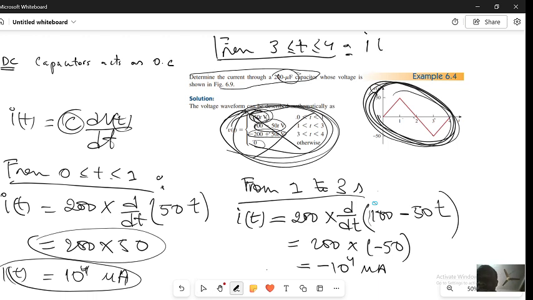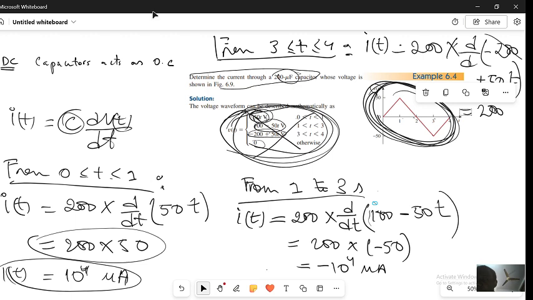I will have I equal to 200 multiplied by the derivative, and finally I will have 200 multiplied by 50. It's going to be 10 power 4 microampere.